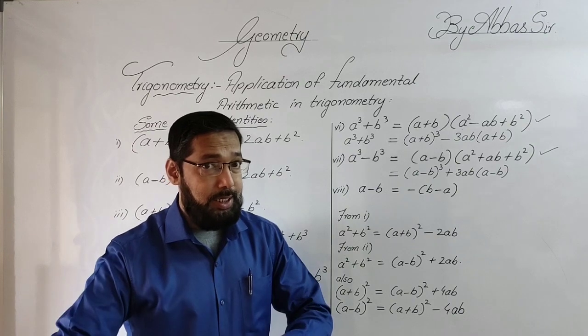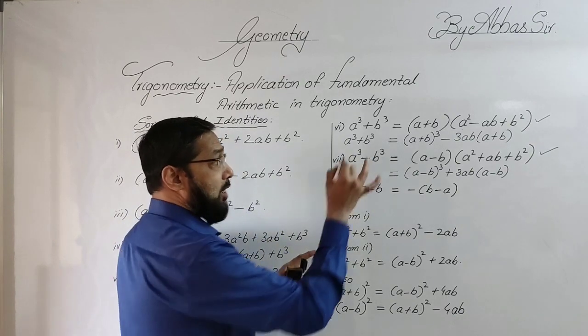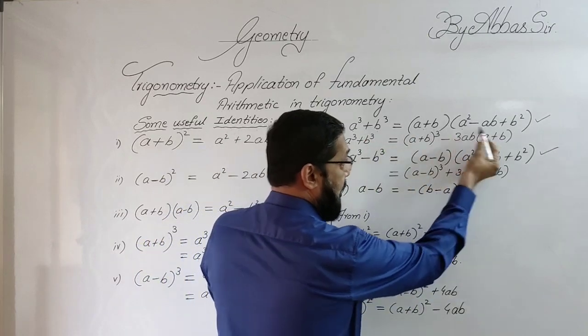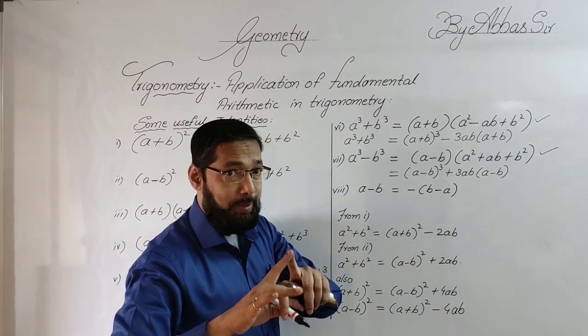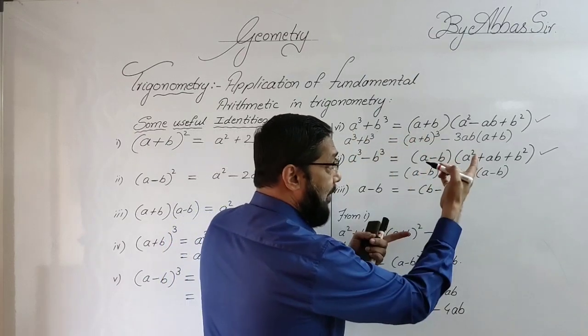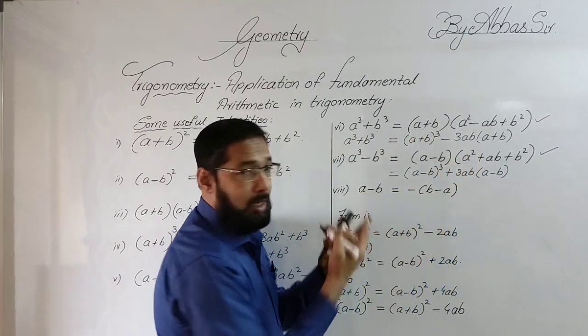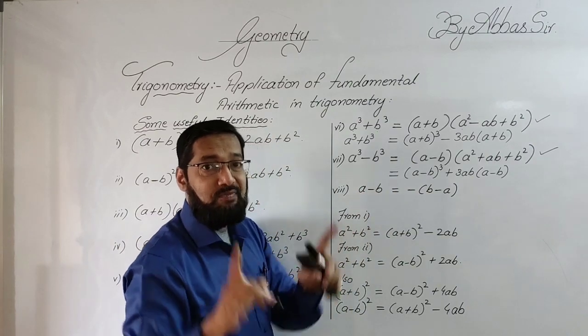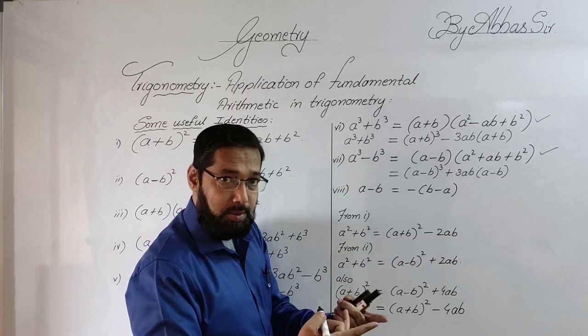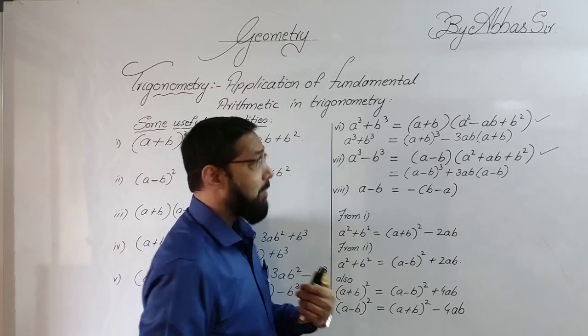Why factorization identities? Because you can see that you have expressed a cube plus b cube in the form of a product. Product means multiplication of two brackets. A cube plus b cube is equal to a plus b multiplied by some other term, that is a square minus ab plus b square. So this is called as factorization because you have converted a sum into a product, into a form of factors, correct?